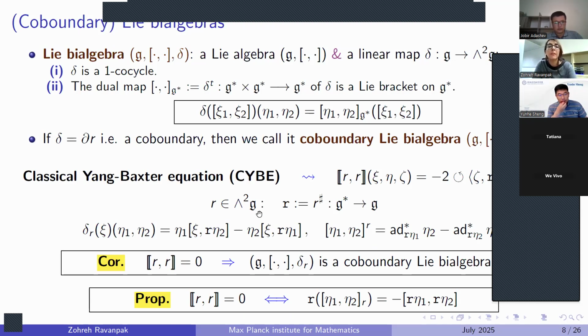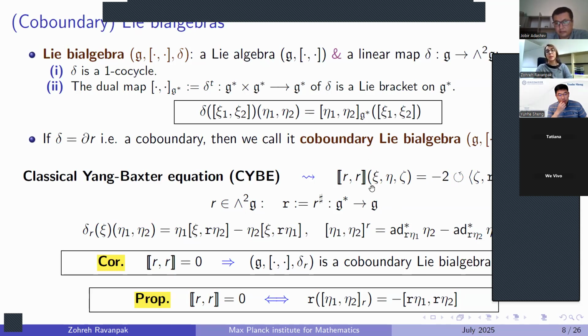So R is a solution of this equation, for skew symmetric R, if the algebraic Nijenhuis of R with itself, which is defined by this, is 0. The solutions are called r-matrices.